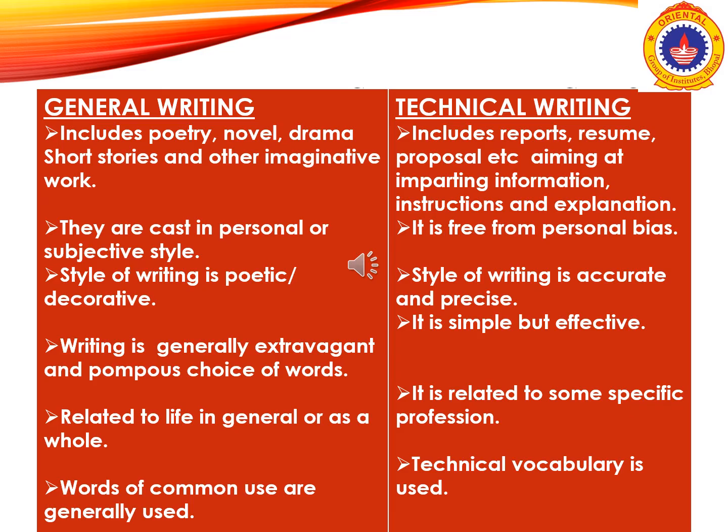Coming to general writing, the style is poetic and decorative. You can have illustrations, your imagination, and you can make it very ornamental, according to your feelings and expressions. You are free to write. But on the other hand, the style of technical writing is accurate and precise.